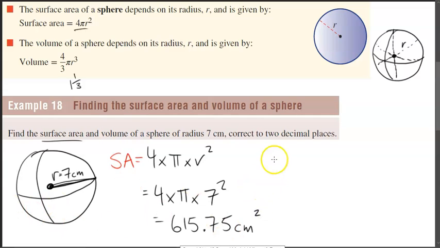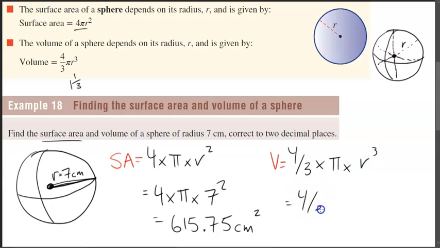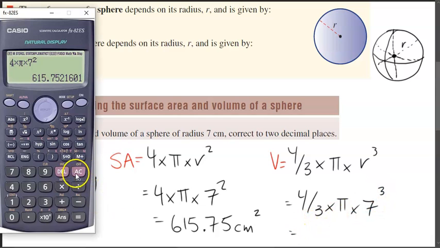Our volume is equal to 4 over 3 times pi times radius cubed. So 4 over 3 times pi times 7 cubed. A trusty calculator: fraction 4 over 3 times pi, times 7.